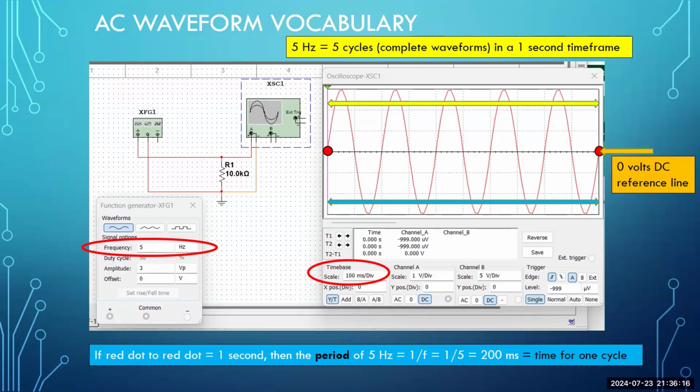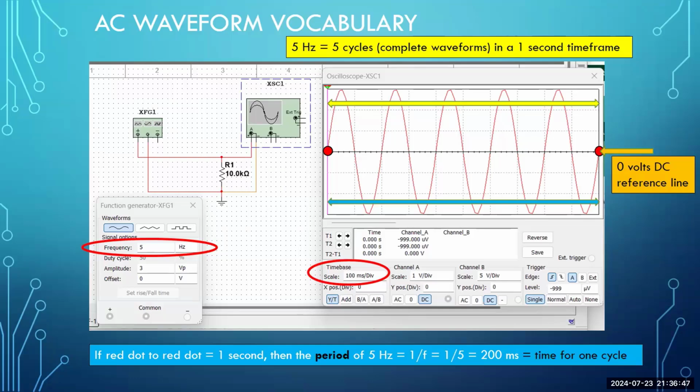So from red dot to red dot, if that represents 1 second, then the period of 5 hertz is equal to 1 over the frequency. The frequency of 5 hertz is 1 over 5. And so what's 1 over 5 on your calculator? You'll calculate 200 milliseconds. So the time for 1 cycle is 200 milliseconds. All right. Well, this is a sample just to whet your appetite.